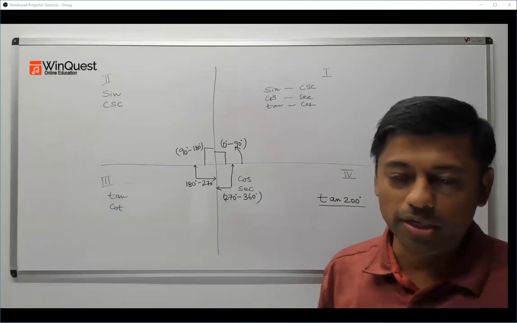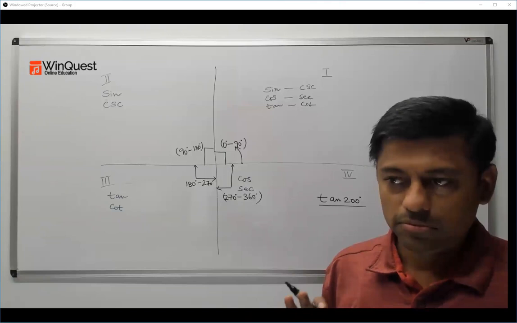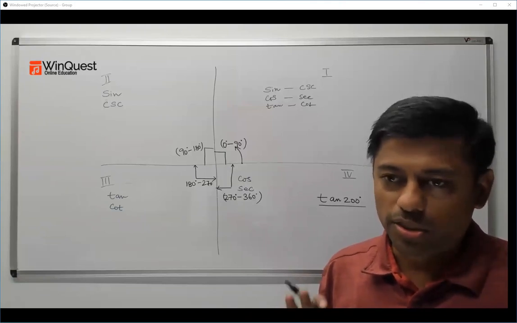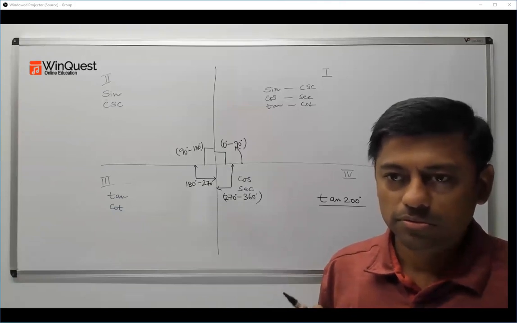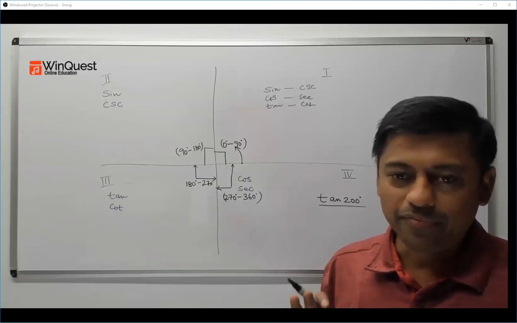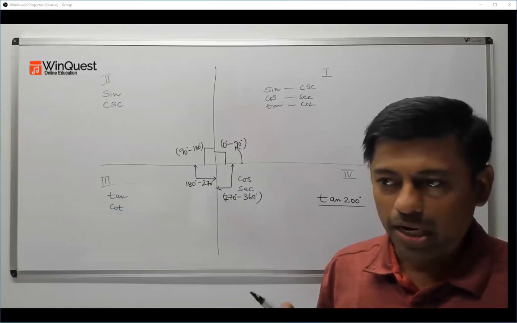But he is tan of 200 degrees. It is not tan of 40 degrees. It is tan of 200 degrees. He will go to a specific house only. Is it 3? 200 degrees, is he welcomed? Yes.